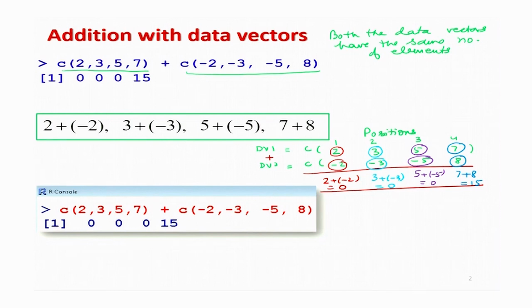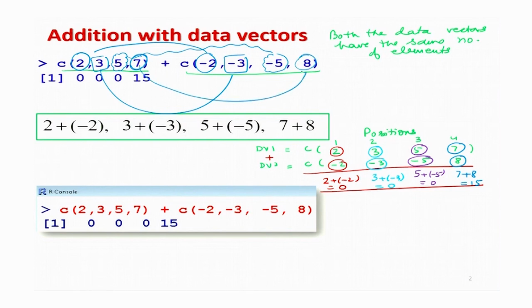So this and this -2 they are operated, this -3 and this 3 they are operated, this 5 and this -5 are operated, and finally the fourth values in the two data vectors are operated, and you get here the value 0, 0, 0 and 15.